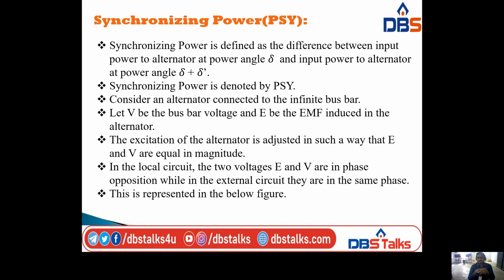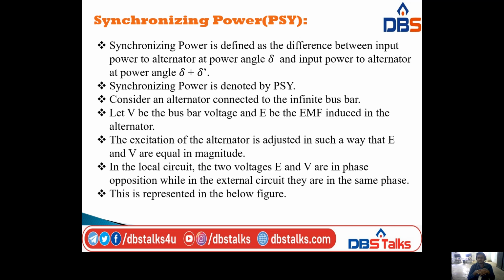In that one we have V, the bus bar voltage, and E, the EMF induced in the alternator. Next, the excitation of the alternator is adjusted in such a way that E and V are equal in magnitude. Here I am taking two circuits, one external and one local.